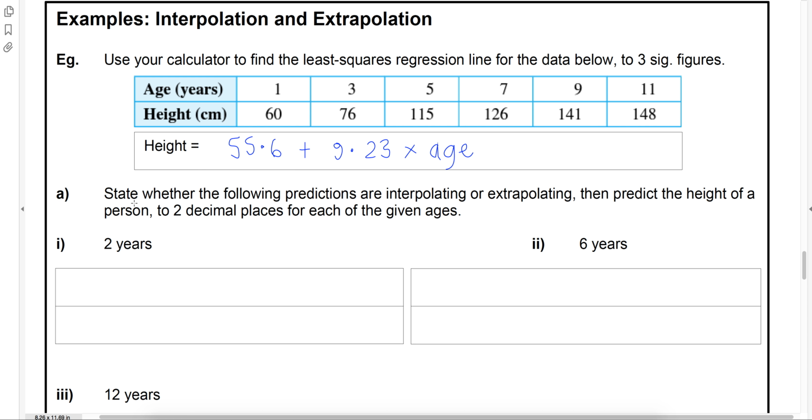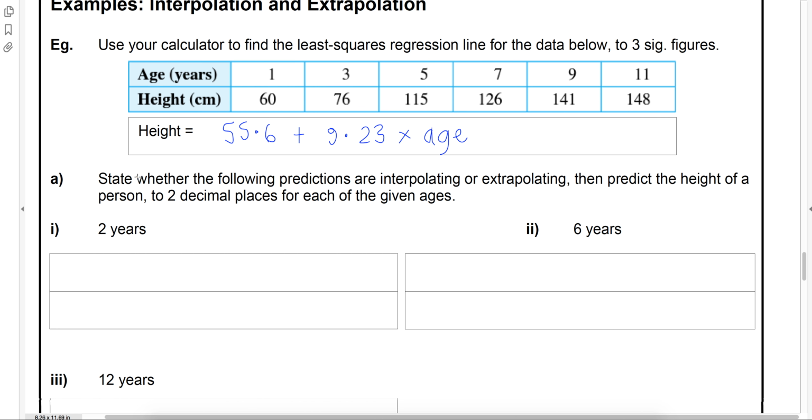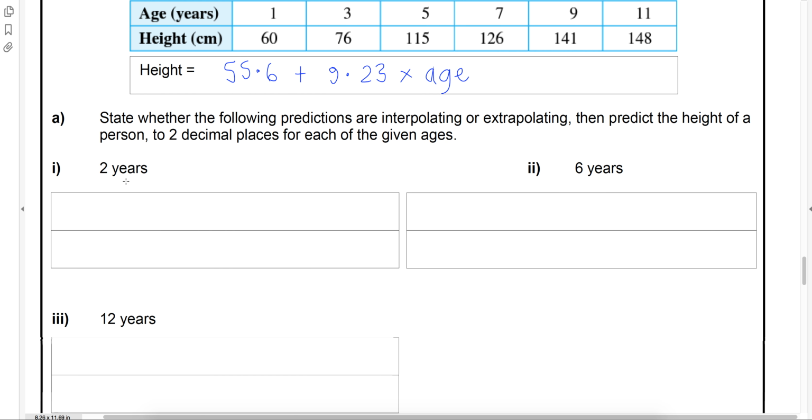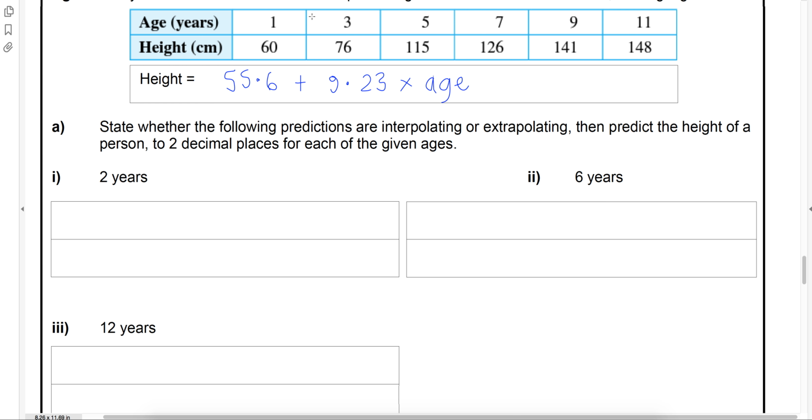Okay, next step. We want to know whether these are interpolating or extrapolating. So what we can do is, let's have a look. For 2 years, so age of 2, have a look at your data. Your lowest is 1, your highest is 11. So 2 is within the range. Interpolation.